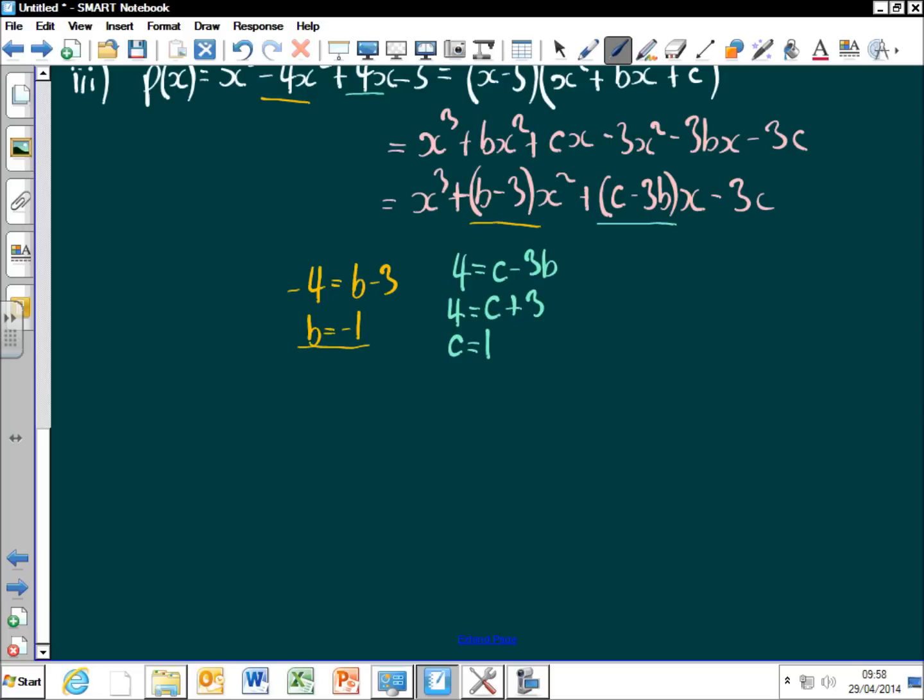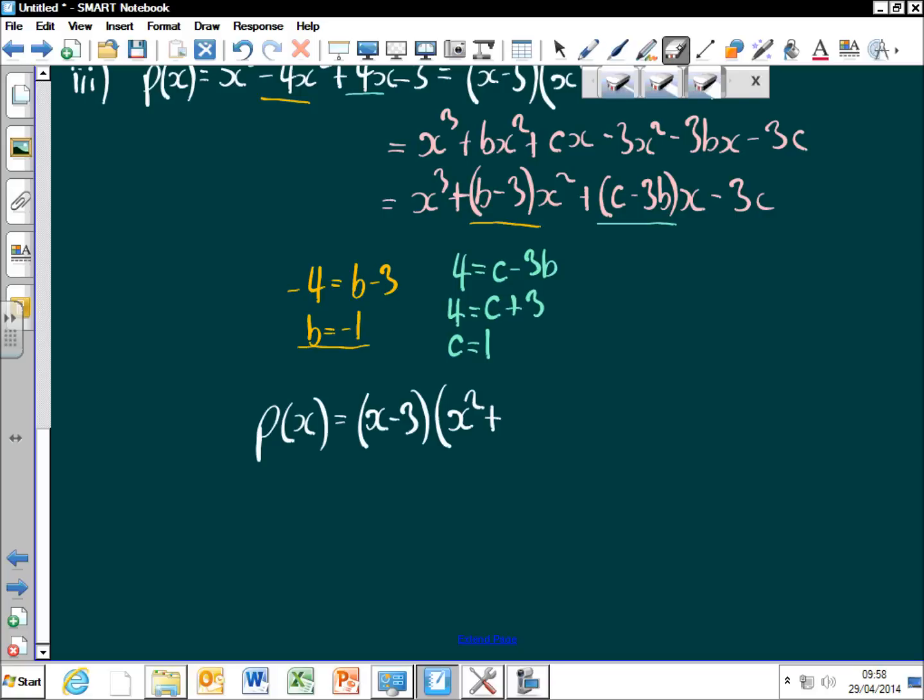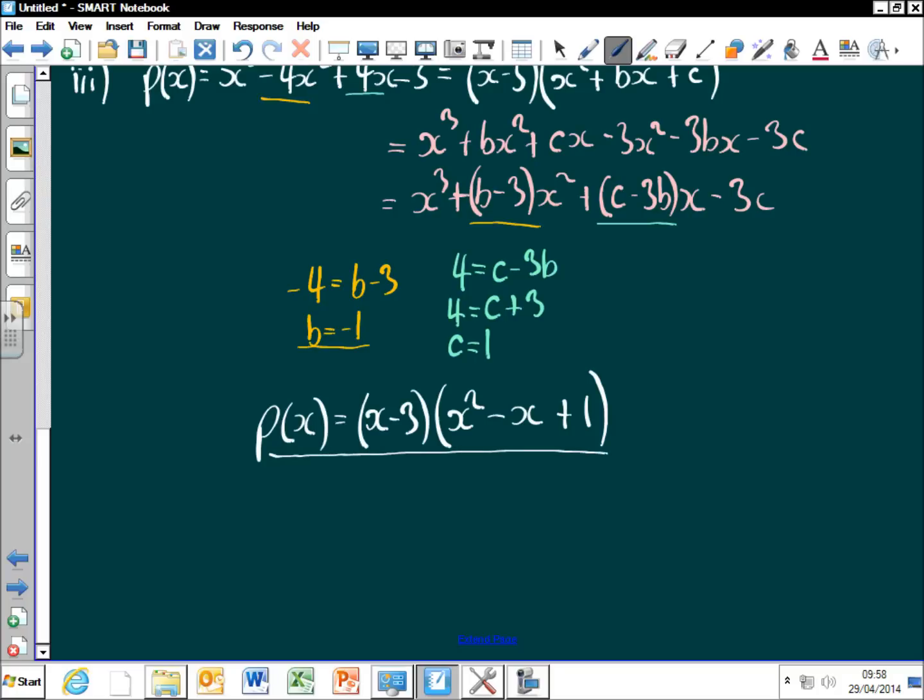Okay, and so I can go back and say that P can be written as x minus 3, that was the factor we found out earlier, multiplied by x squared plus bx, well b was negative 1, so let's put that in, minus x plus c, plus 1. Okay, so b and c are minus 1 and 1. So that's that bit.